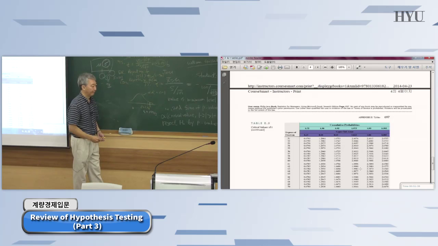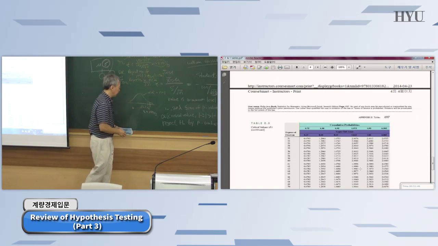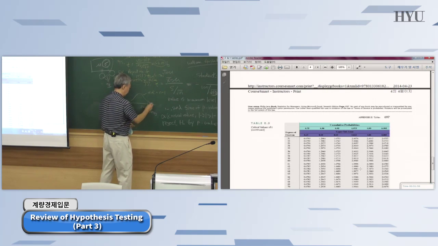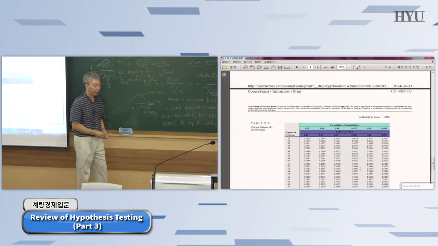I told you the t distribution is a little bit wider than the z distribution. On the z distribution, the number which has 0.025 outside is 1.96, but on the t distribution, the same 0.025 number is 1.99, or almost 2.0.